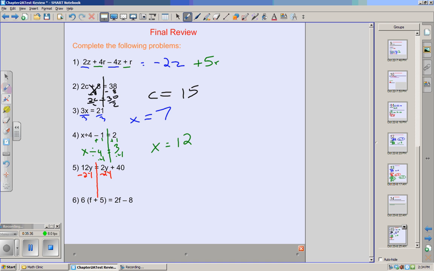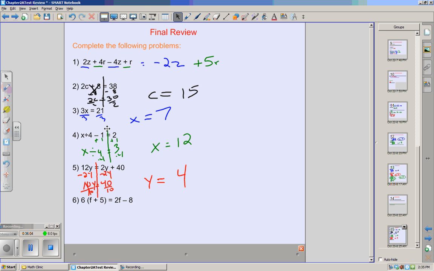On the left-hand side, that leaves me with 10y equals 40. The 10 and the y are multiplying, so I know I need to divide by 10. Y is left by itself on the left side, and on the right side I have 40 divided by 10. I know 40 divided by 10 is 4. So y equals 4.